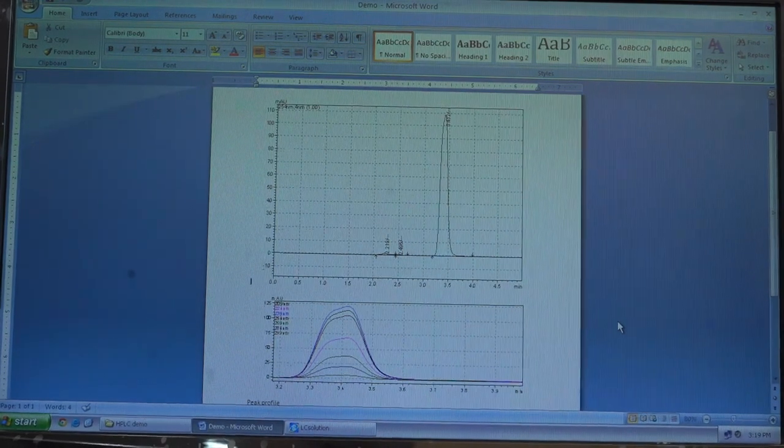Some precautions that we need to take into consideration during an HPLC operation to ensure smooth and reproducible measurements and also to improve the column life. One, it is always necessary to use the required grade of chemicals in HPLC. Always use solvents that are previously degassed and filtered.